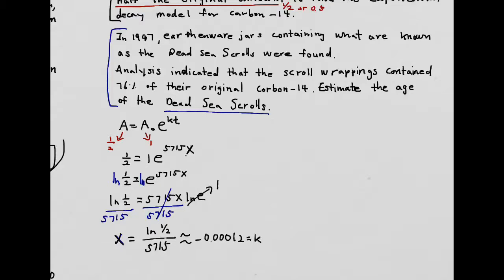Okay, right? So then you can create a formula using that. The future amount A equals your starting amount 1 times e to the negative 0.00012t, which will be the formula to use.